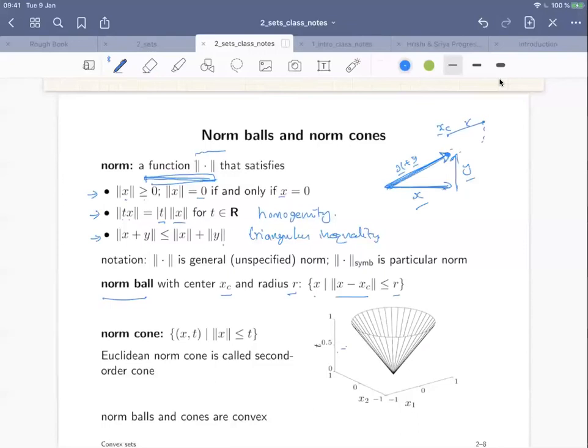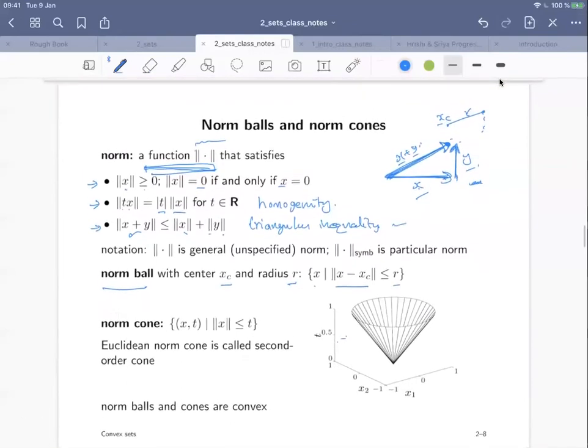You will not take that path. So the length of x plus y is less than or equal to the lengths of x and y added. This is the famous triangle inequality. Here we discussed it using the Euclidean norm, but it is valid for all norms. You can define a norm only if it satisfies these three properties.